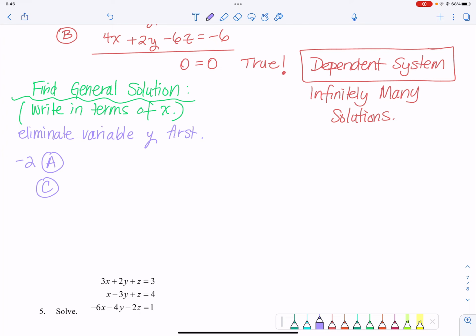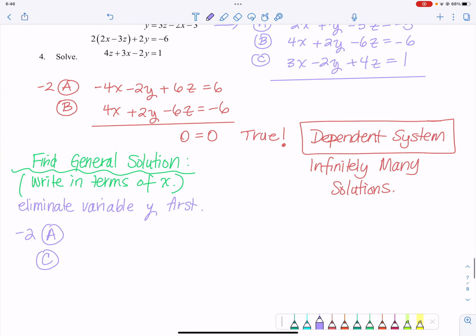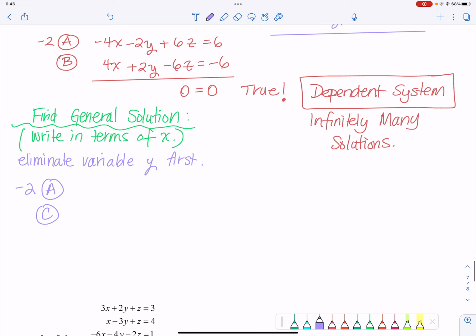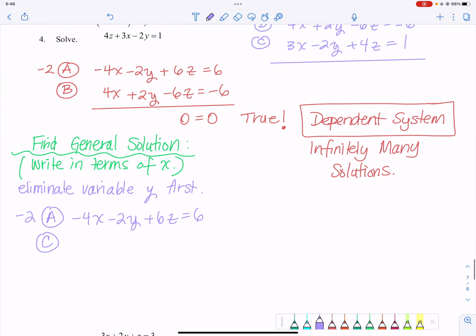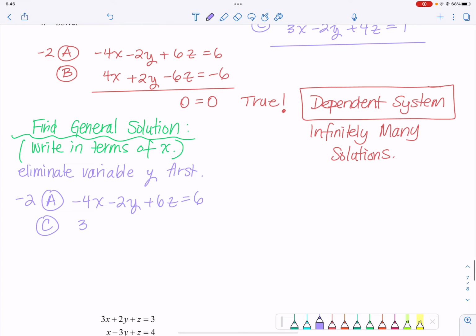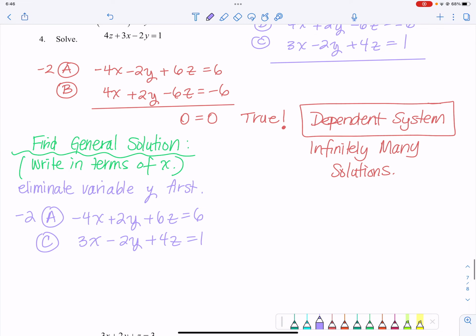So we have negative 2 times A, which we have already written here. We already found that. And now we have C is 3x minus 2y plus 4z equals 1. I think this was supposed to be a plus 2y.